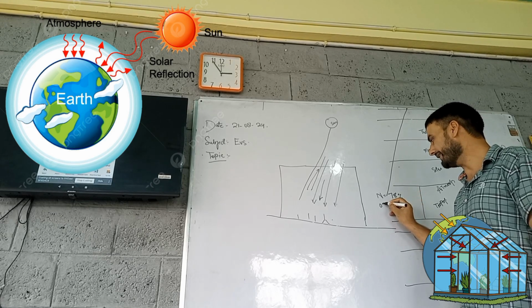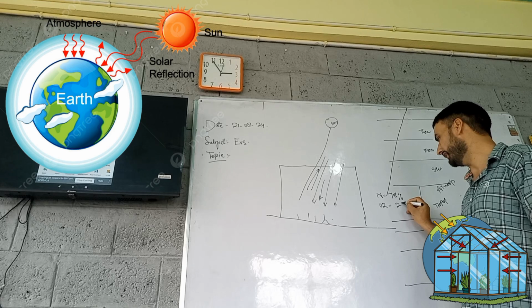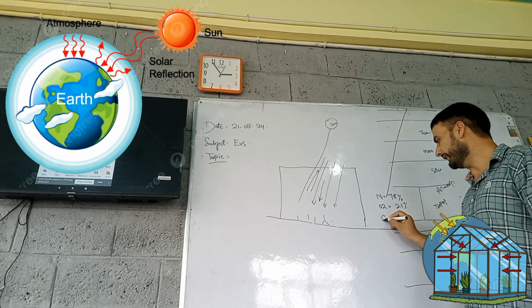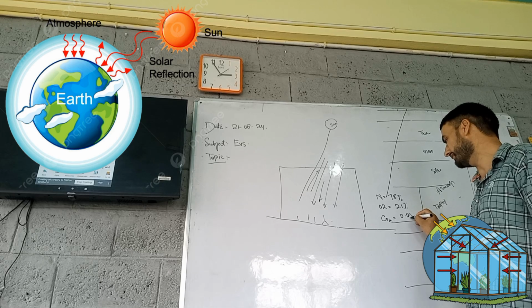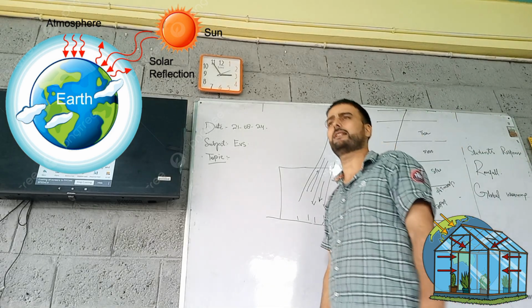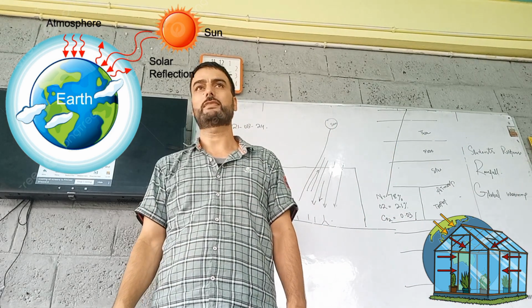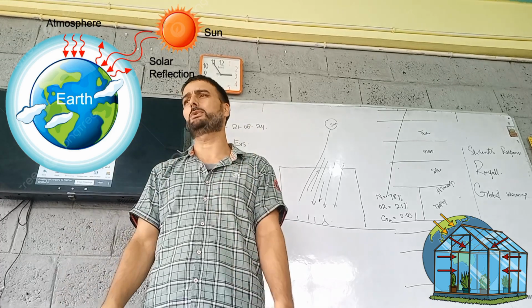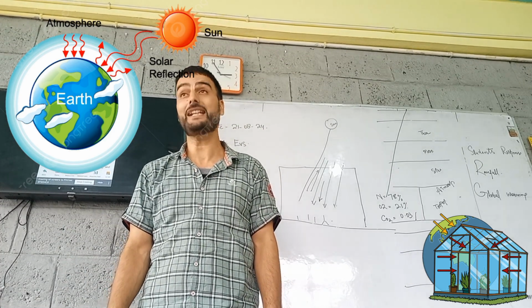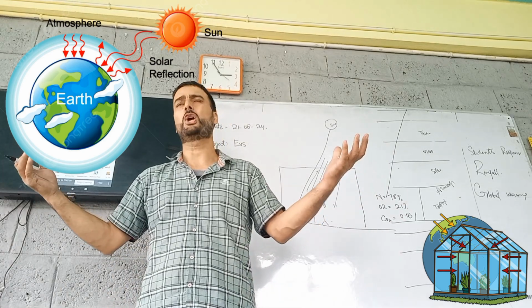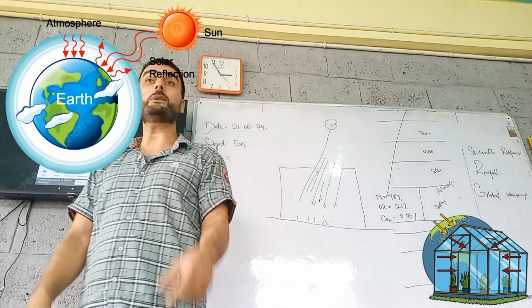Oxygen is present at 21%. Carbon dioxide is present at 0.03%. Other gases are also present in small, less amounts. Those gases are known as trace gases, like argon and water vapors. Water vapor is a gas.